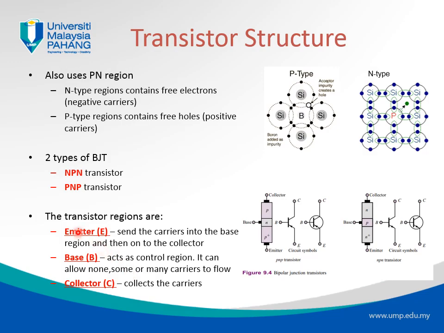Whereas for the emitter and collector, if we look further, there's P plus and N plus. The P plus or N plus is what we call the emitter, so it's the component that sends the carriers, whereas the collector is the region that collects the carriers, right? We'll go into more detail in the next slide.